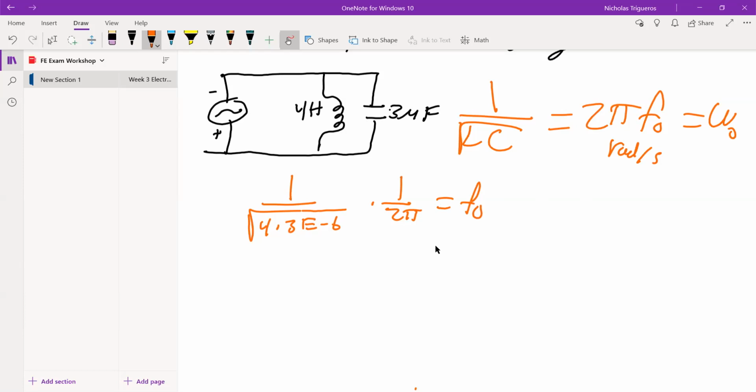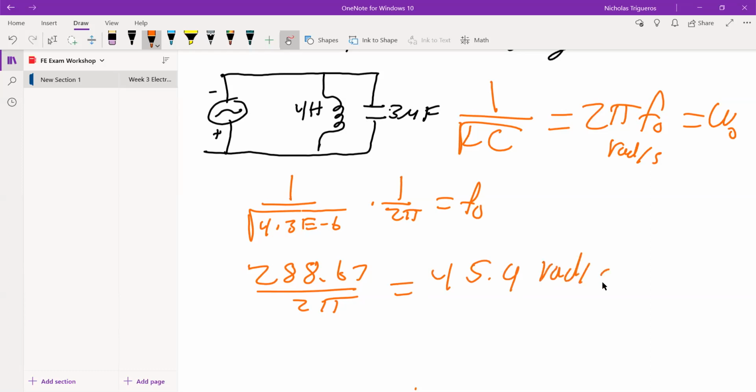Root of that, 1 divided by that. It's about 288.67 divided by 2 pi, which gives us about 45.9.